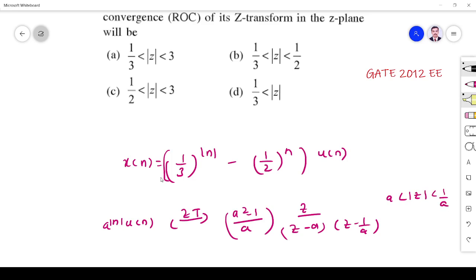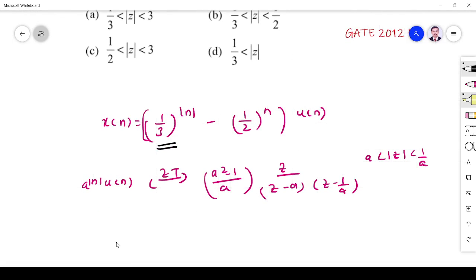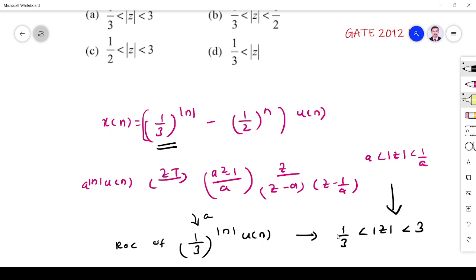In our problem, instead of a we are having 1 by 3. So the ROC of (1/3)^|n| is between 1 by 3 and 3, that is 1/3 less than |z| less than 3.